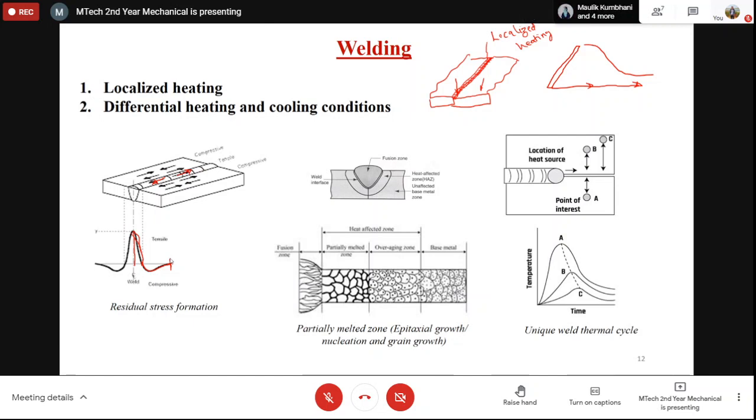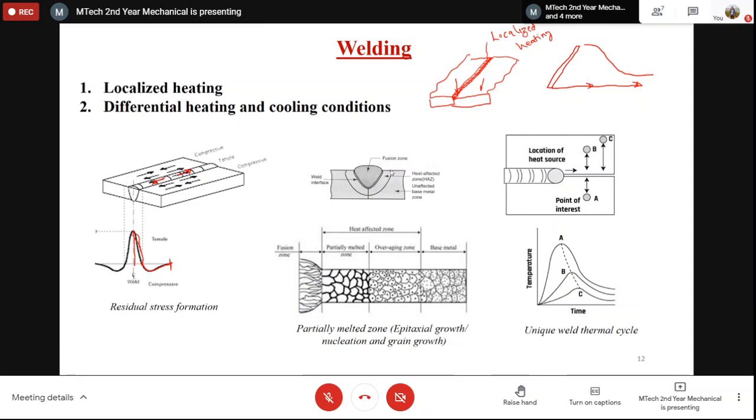Then we have the partially melted zone. If you can see, this is the fusion zone, and if you go away from the fusion zone, then you will get a liquid zone, and then a semi-liquid zone. Then the heat affected zone will be there, and then the unaffected base metal.